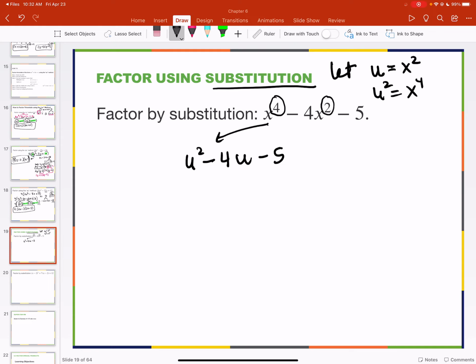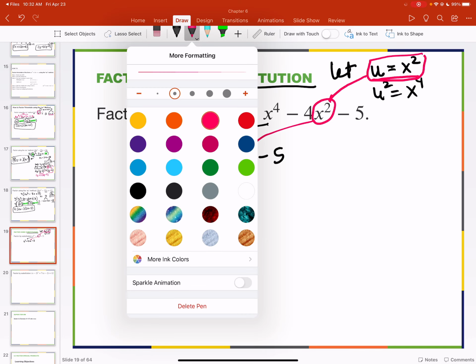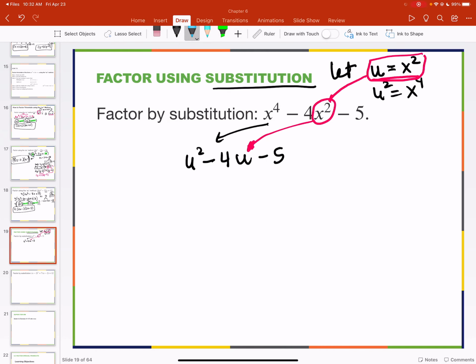Okay, so just to recap, what did we do? I said u is going to equal x squared. So this x squared is going to become u. Not you as a person, you the letter, haha. Then if u is equal to x squared, I squared both sides. u squared is equal to x to the power 4.